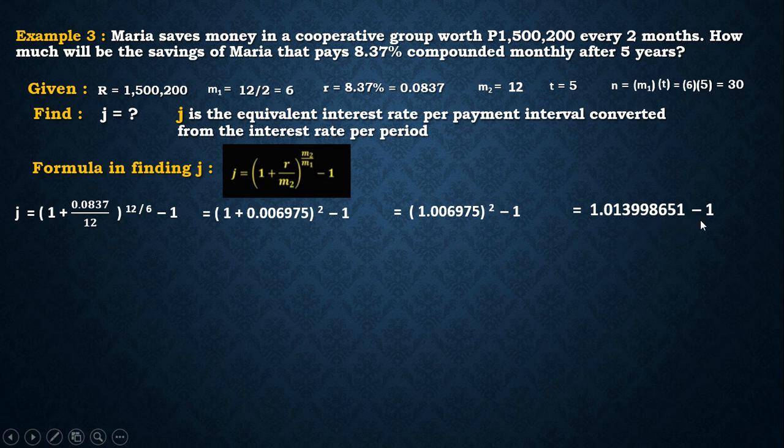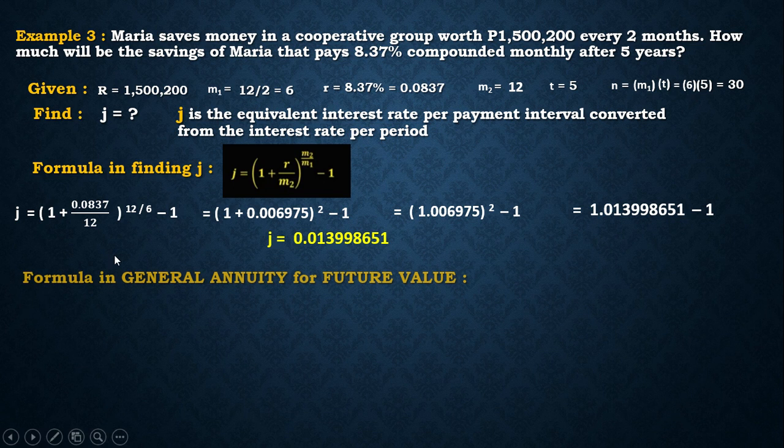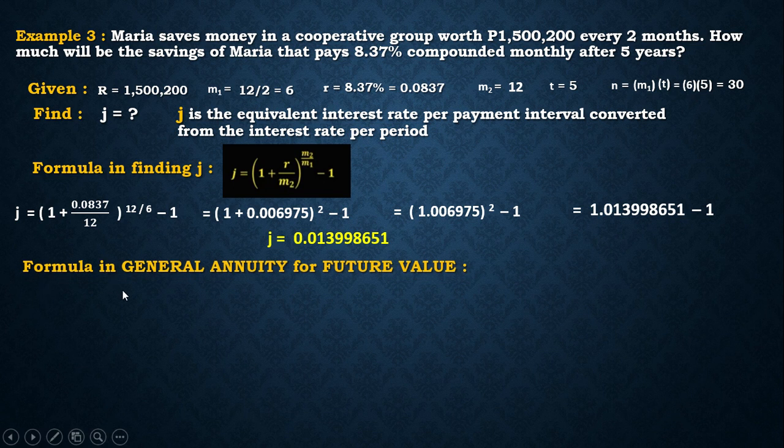Sunod na step, you have to subtract 1. At ang value ng J natin is 0.0139988651. Next step, we have to compute for the general annuity for future value.